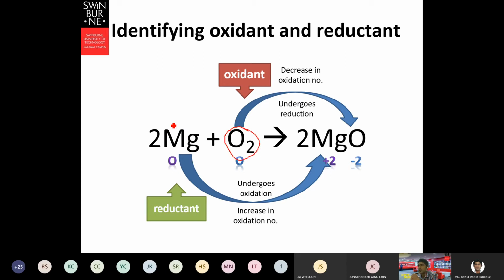Reduction is happening to oxygen, but it is actually oxidizing the other, so it is an oxidant. An oxidant is the agent that causes oxidation, and a reductant is the agent that causes reduction. That is how we can define it.